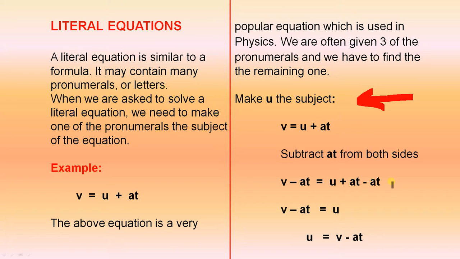So we have this line, V minus AT equals U plus AT minus AT. So V minus AT equals U. And we just swap it around so U's on the left hand side. It just looks a bit better that way. U equals V minus AT. And that is the answer where U is the subject.